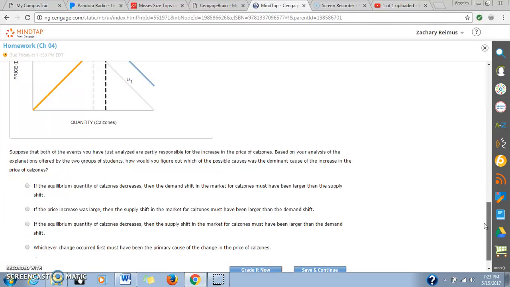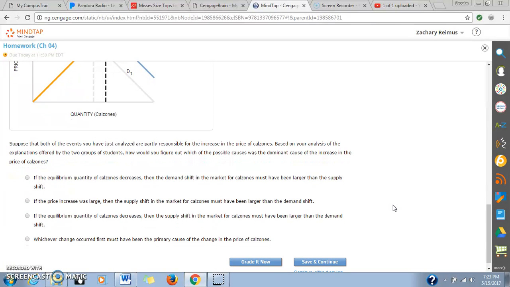Well, we could look at this one right here, which talks about the price increase was large, but the price increased regardless of whose idea it was. So we automatically know that price isn't really relevant for this question.